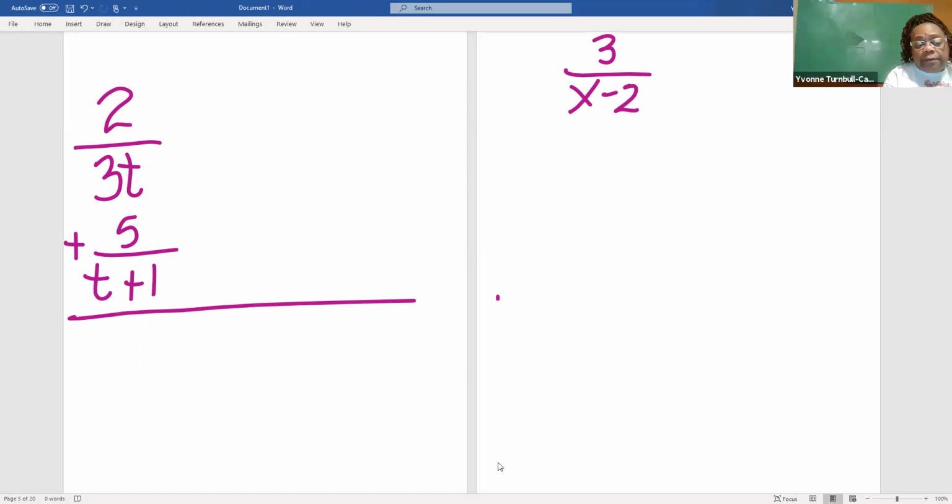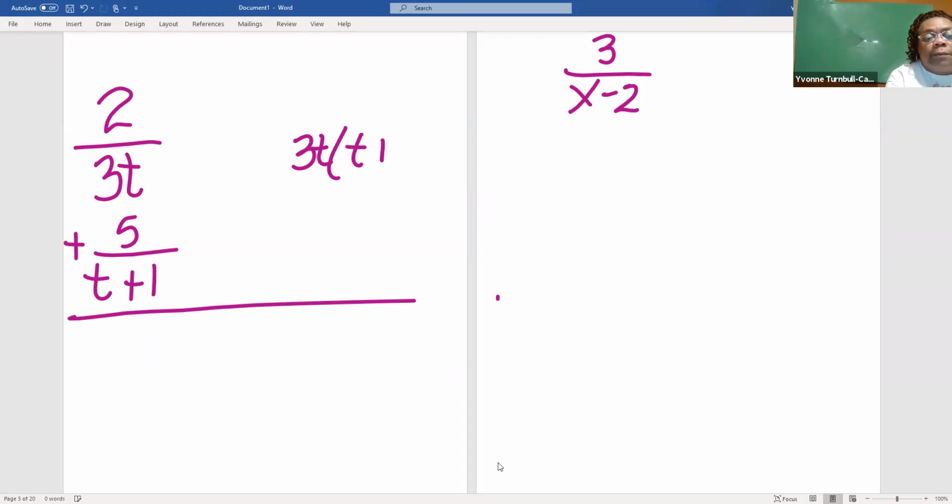They have nothing in common. I can't pull out anything. So here again, this is one of the cases I talked about earlier in the lesson. When they have nothing in common, the LCD is basically the two denominators being multiplied.